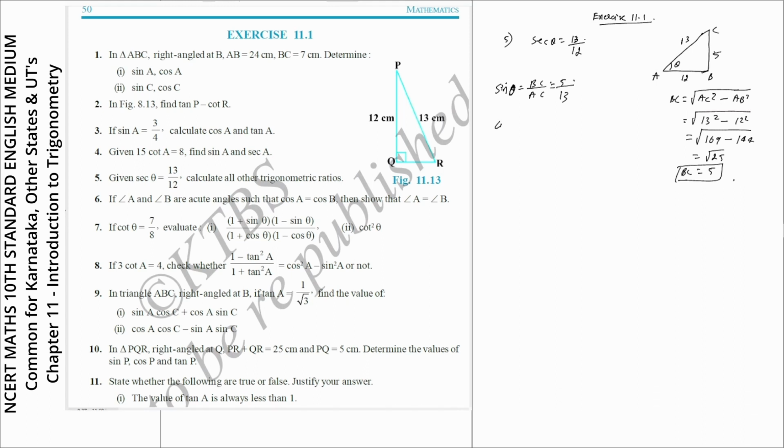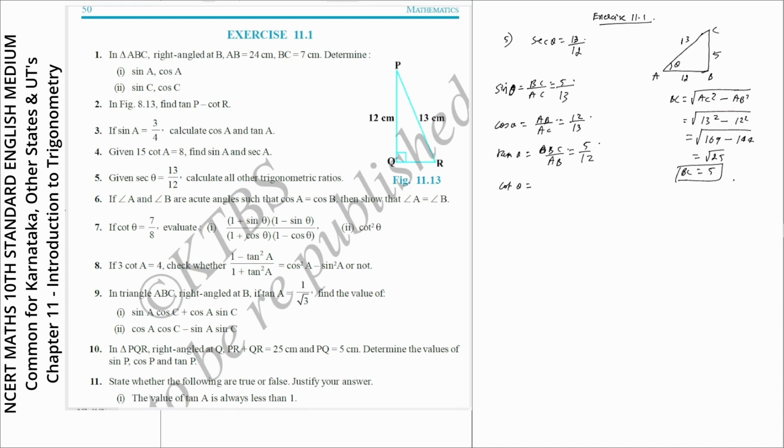Now cos theta is adjacent by hypotenuse, that is AB by AC. So this is equal to 12 by 13. So tan theta is opposite by adjacent, that is BC by AB. So this is 5 by 12.